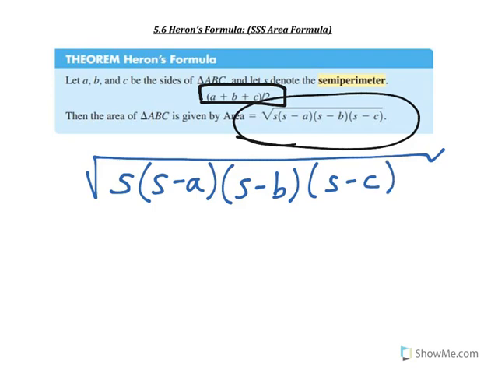So the semi-perimeter comes in super handy here, and if you plug into this, you'll find the area. This is why you must be given all three sides to use Heron's formula, because we subtract them from the semi-perimeter, multiply them all together with the semi-perimeter, and take the square root.